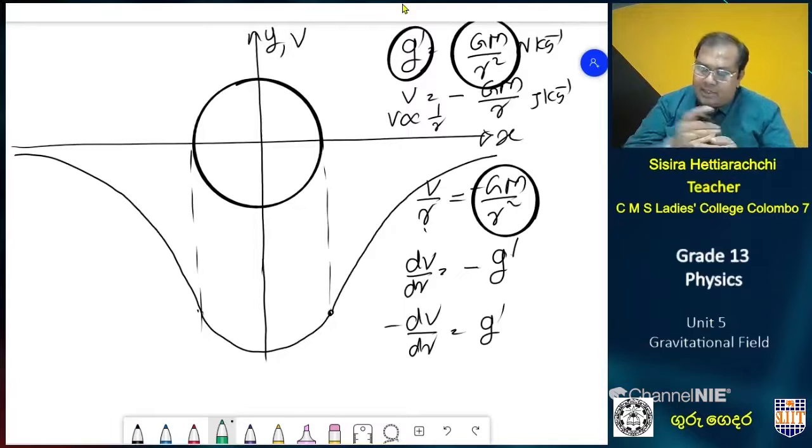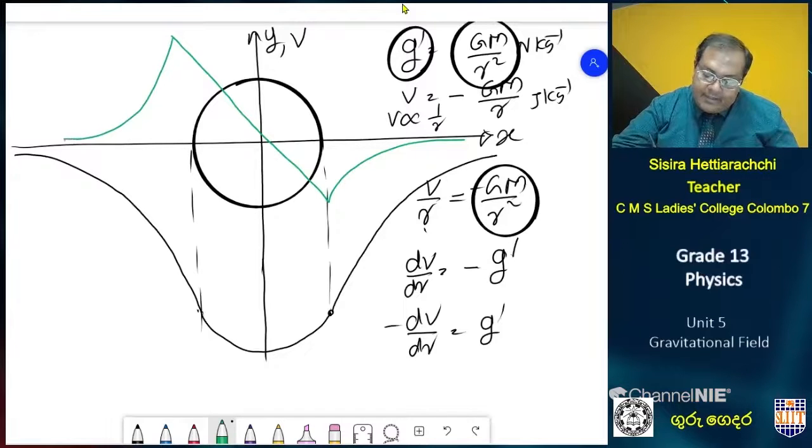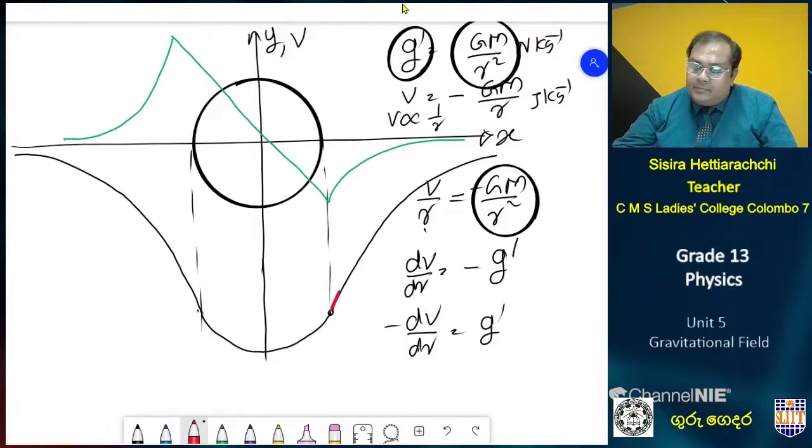Then you can see a nice relationship. Field intensity is rapidly decreasing. I told you potential gradient is field intensity. You can see here gradient maximum, field intensity maximum. And it's a positive gradient, then negative this value.